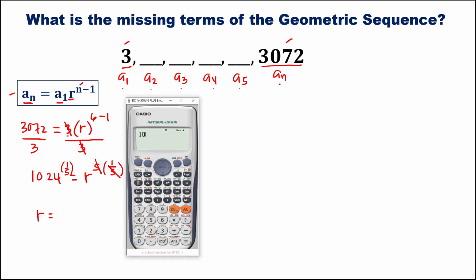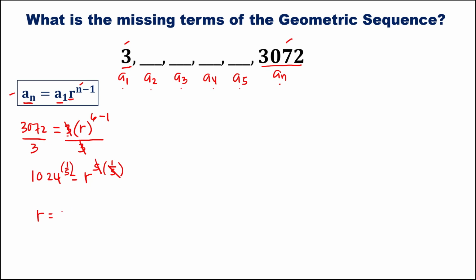You can input 1024 to the power, open parenthesis, 1 divided by 5, close parenthesis, and that's equal to 4. So 1024 to the power 1 over 5 is equal to 4. Therefore, the common ratio is equal to 4.